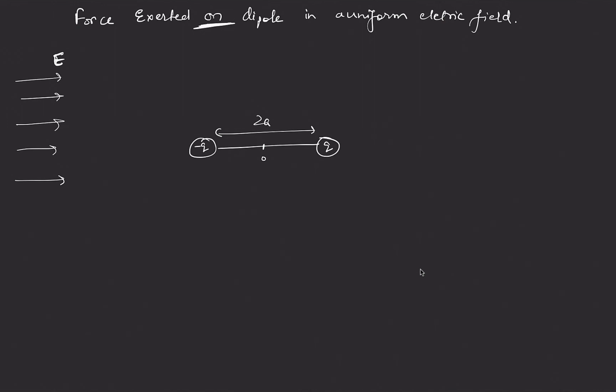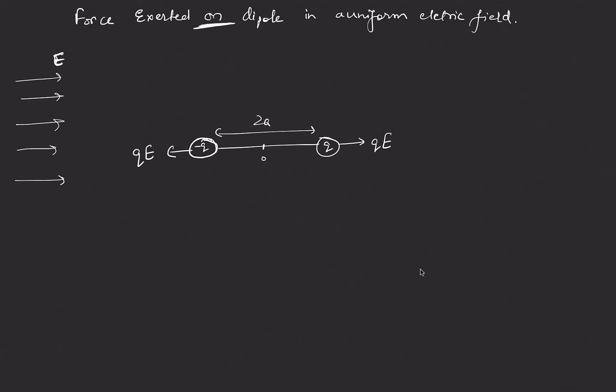Basically force experienced by a positive charge, 1 coulomb charge. So if 1 coulomb charge experiences a force of E, Q would experience a force of QE in the direction of electric field, and negative Q would experience a force of QE in opposite direction of electric field.